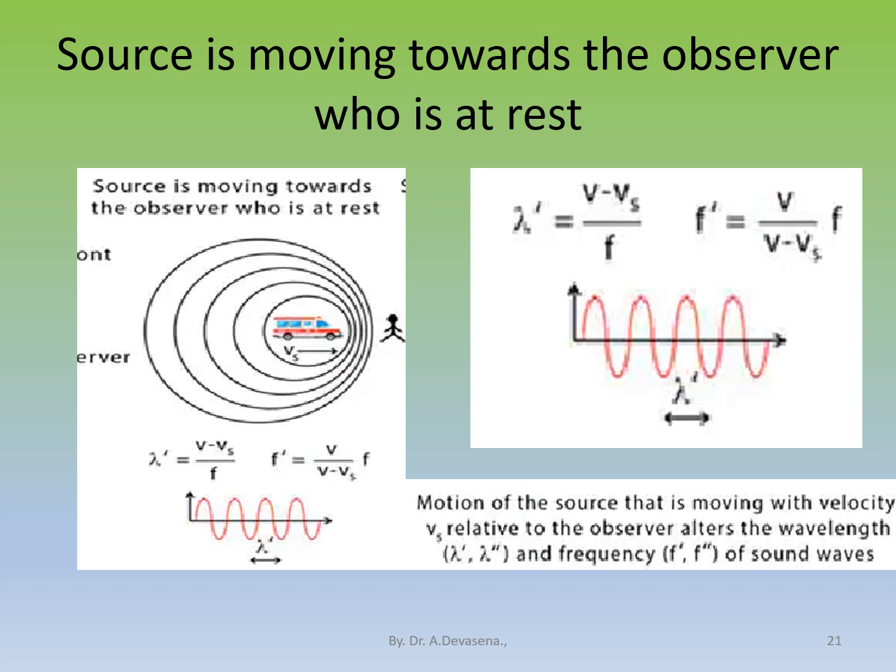The motion of the source that is moving with the velocity v suffix s relative to the observer alters the wavelength lambda dash and lambda double dash and frequency f dash and f double dash of the sound waves.